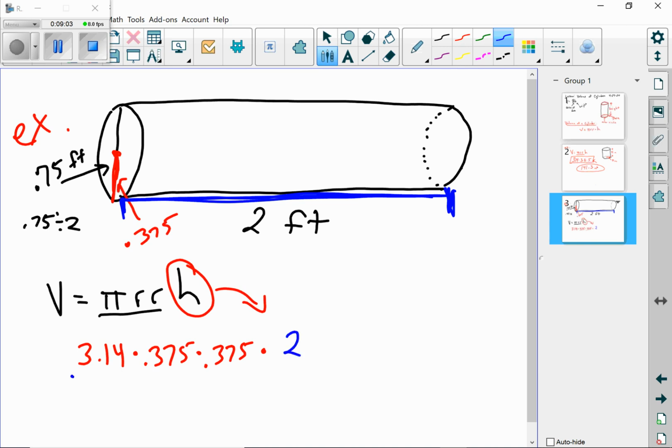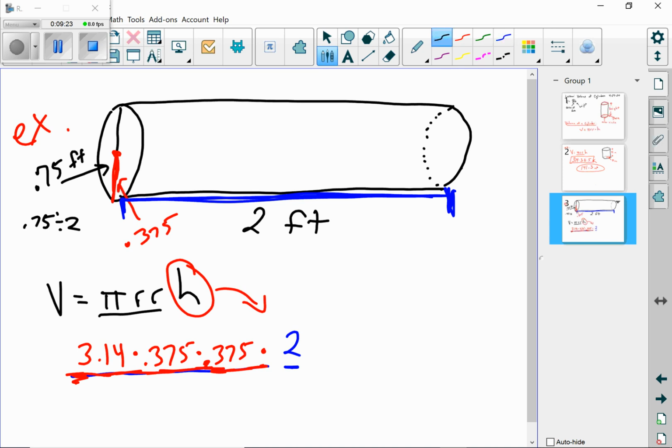So all the numbers in red here deal with the circle. Right, pi r squared. And then the number that's in blue is the height of the cylinder. We're going to type all that in the calculator now, right?